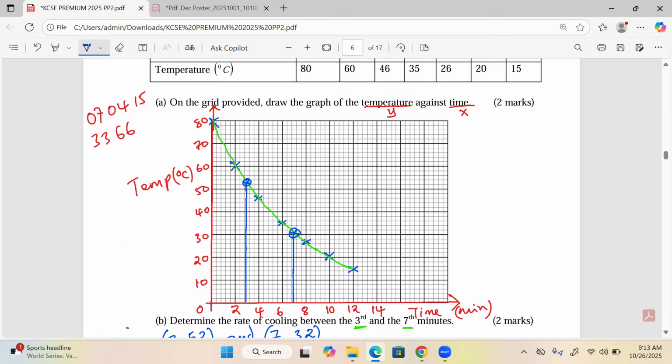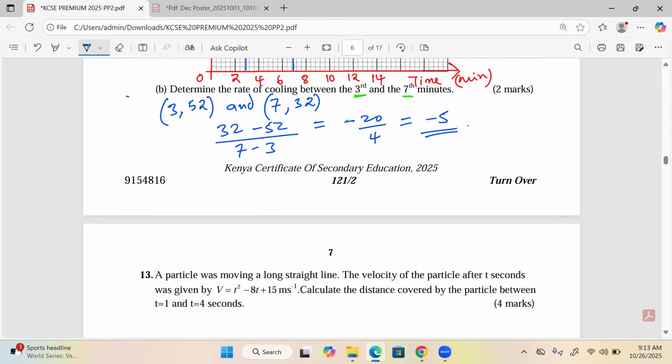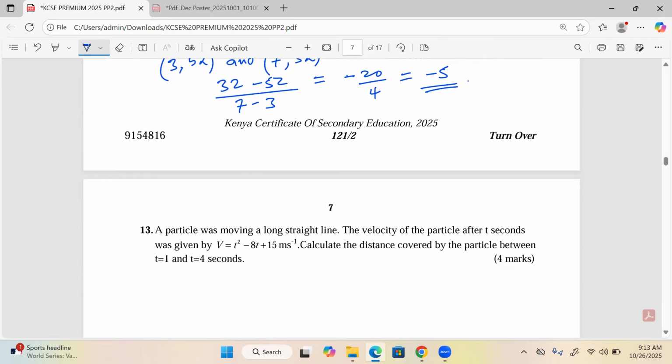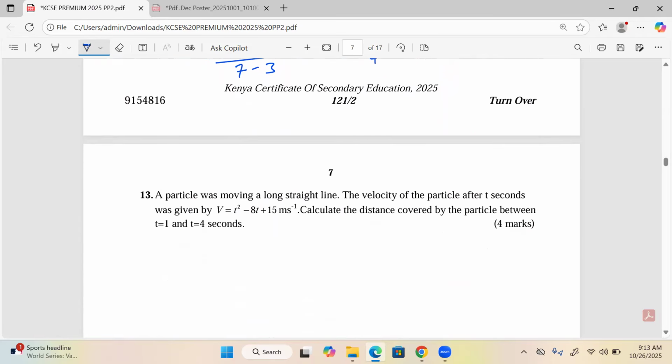In case you are told to find the rate of change at a point, let me just give you this note before we proceed. Rate of change at a point, at an instance, we call it instantaneous change.